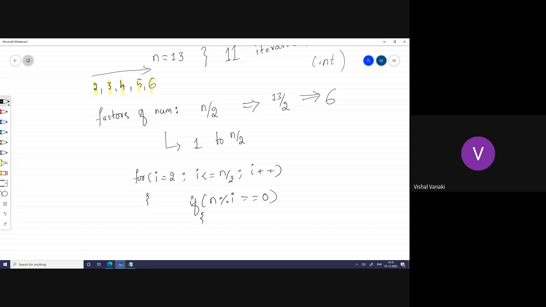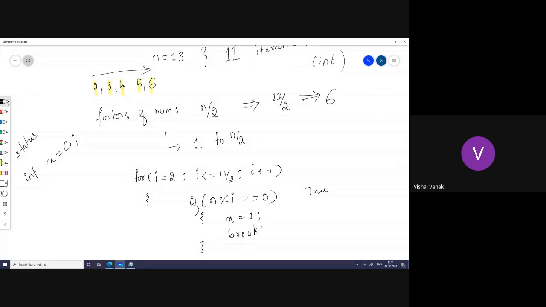Here I need one status indicator. Let's take a variable x, initially 0. When this condition becomes true, I will set x equal to 1 and break.